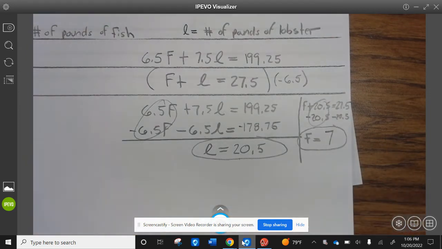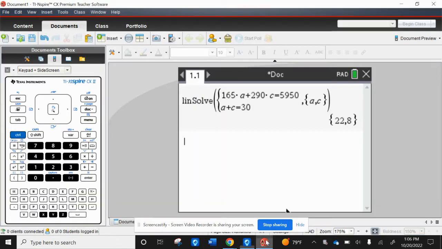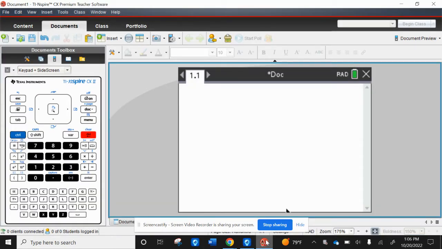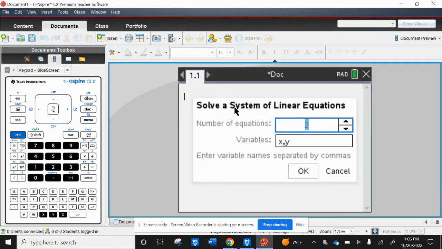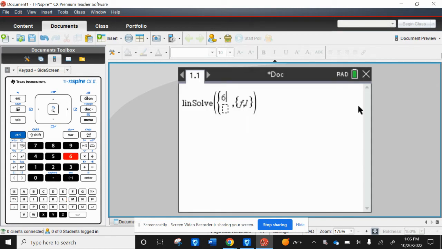Okay, so let's check our work. So we're going to go to Menu, Algebra, Solve System. Now we're changing this to f comma l. Okay, so then we have 6.5f plus 7.5l equals 199.25.